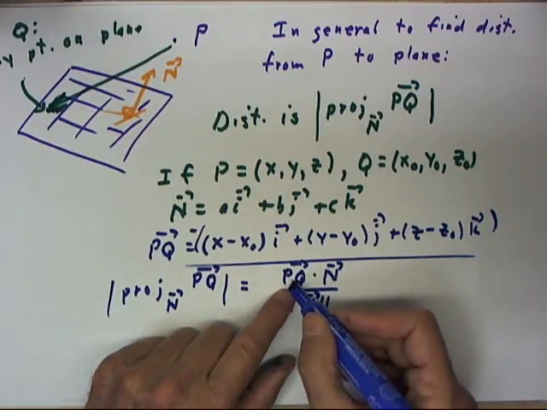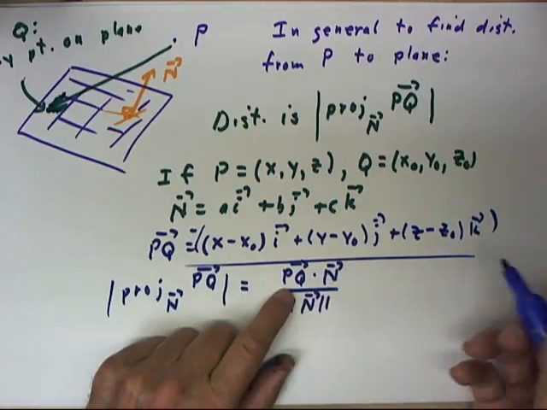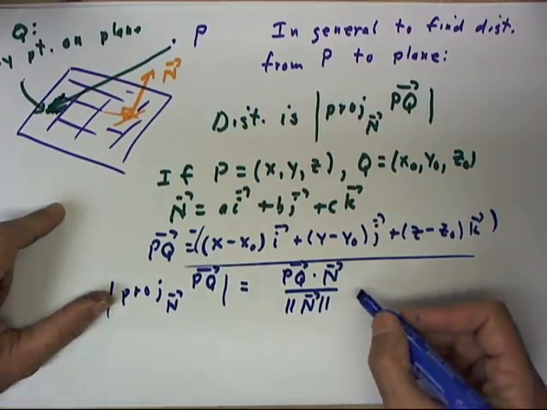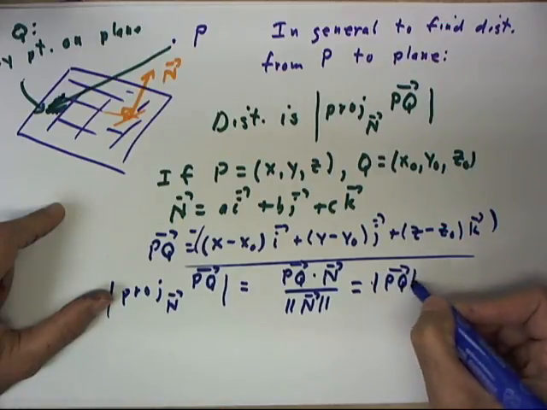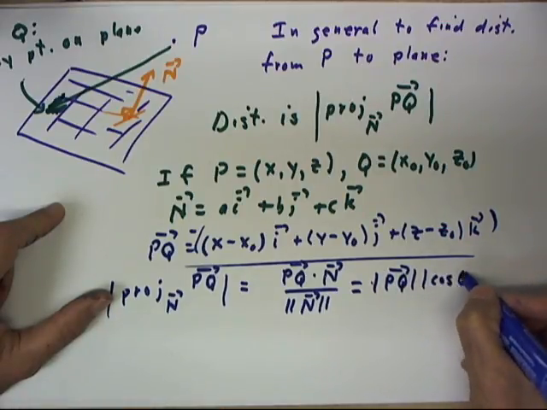PQ dot n is magnitude of PQ times magnitude of n times the cosine of theta. So that equals magnitude of PQ times the magnitude of the cosine of theta.